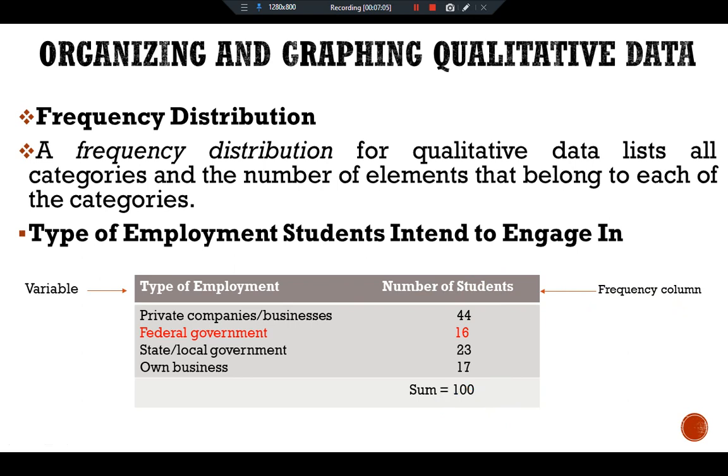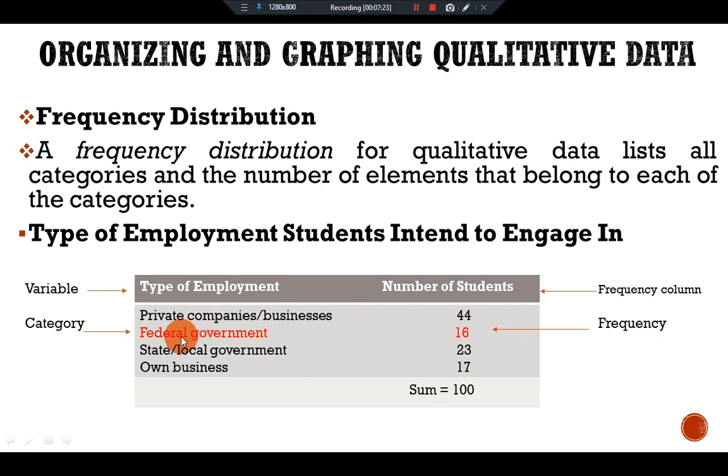The number of students who belong to a certain category is called the frequency of that category. Let's say we are talking about the federal government category, and its frequency is 16.